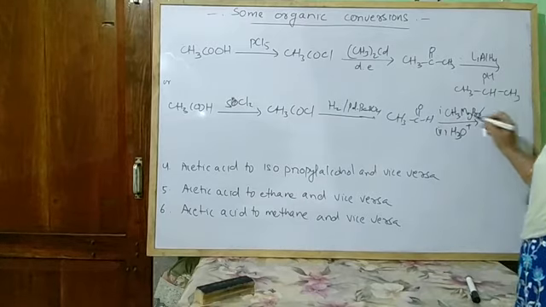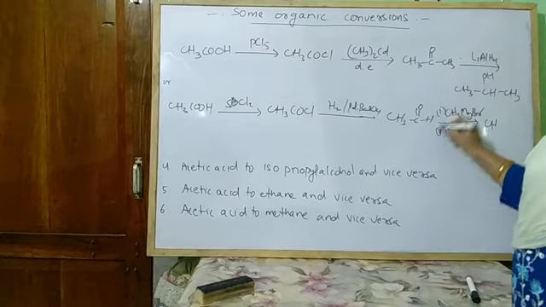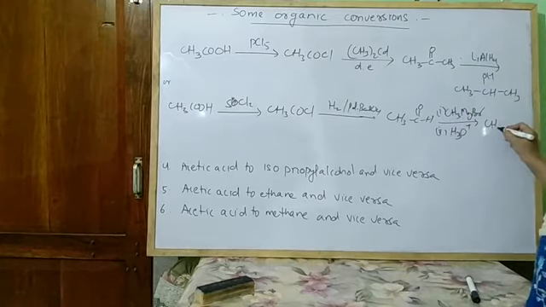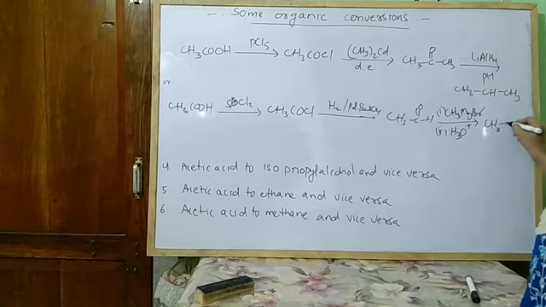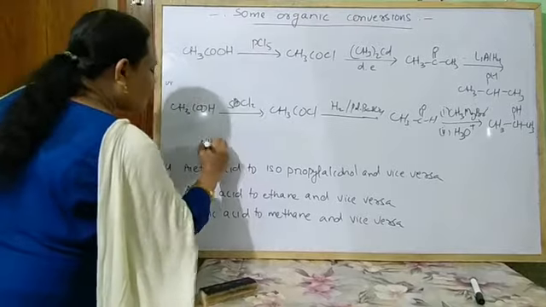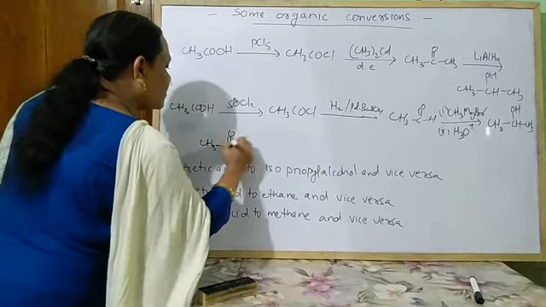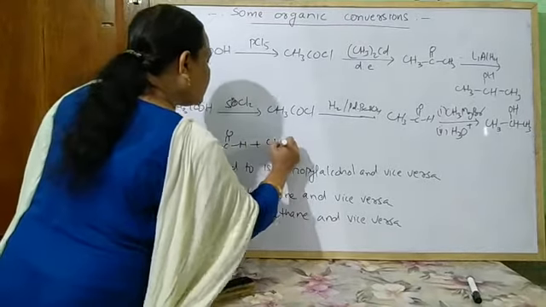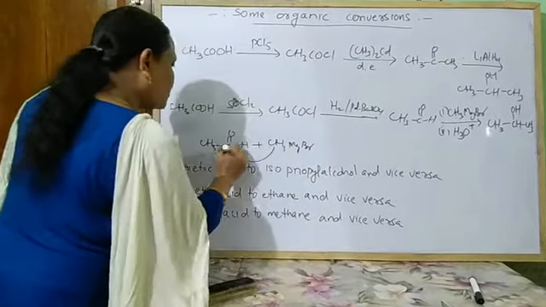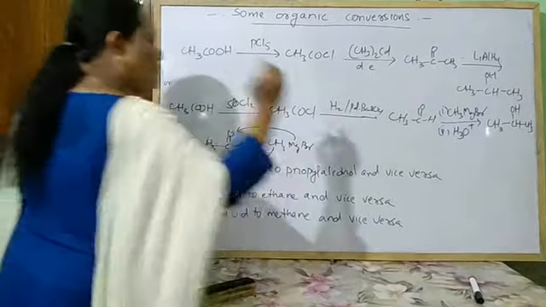It forms, so this methyl group will come here, MgBr here, and hydrolysis after that. It gives CH3CHOHCH3. You know this reaction, I think. Look here. So first CH3 group comes here, MgBr here.